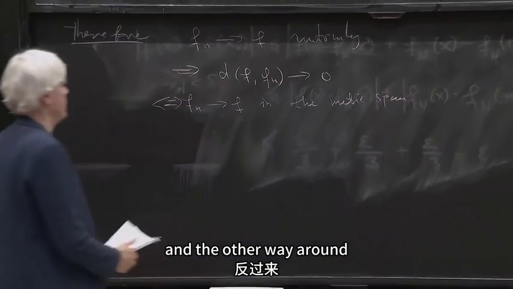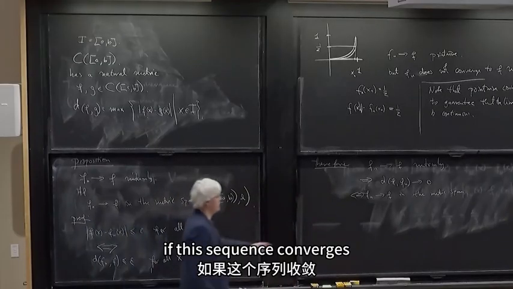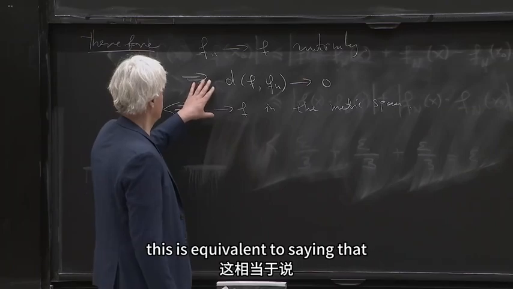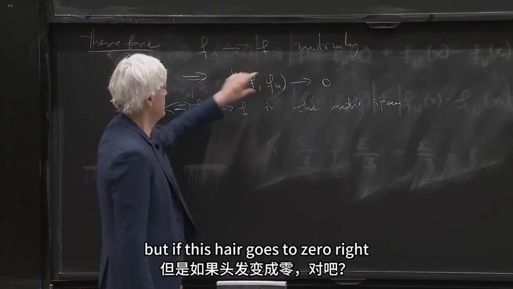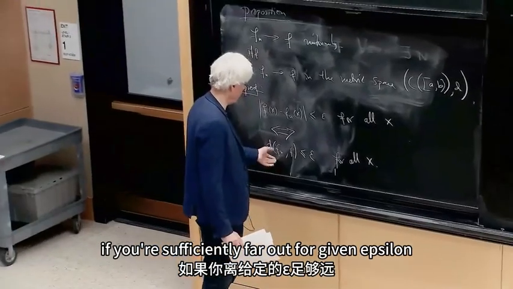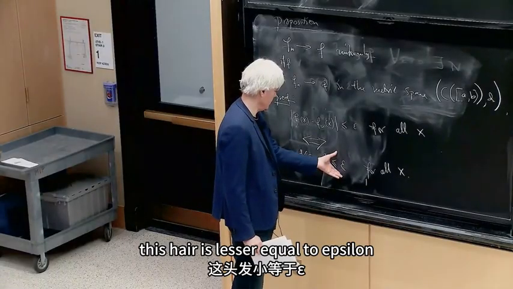And the other way around, if the sequence f_n converges to f in the metric space, this is equivalent to saying that this here goes to 0. But if this goes to 0, this means that for a given epsilon, if you're sufficiently far out, this is less than or equal to epsilon.